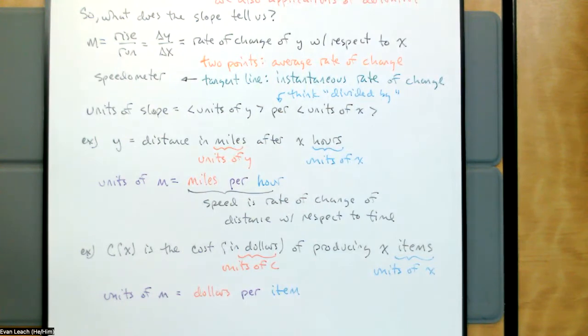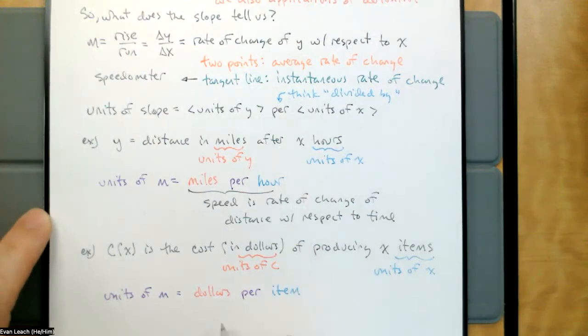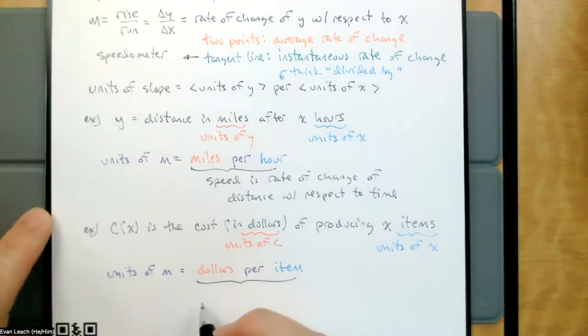This will represent how our costs will change if we increase the number of items we produce by 1. Sometimes this is referred to as the marginal cost.